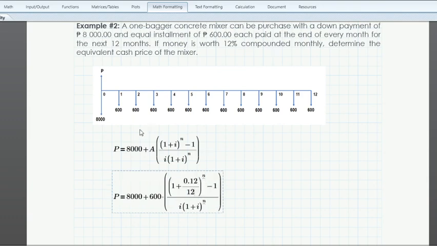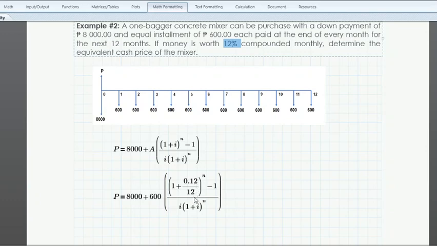Kasi, yung 12% kasi, this is actually the interest rate for the whole year. Eh, sabi compounded monthly. So, you need to determine magkano ba talaga sa 12% yung nagiging interest niya kada buwan. Eh, ilang months ba meron sa isang taon? We have 12 months. That's why we divide your interest rate by 12.